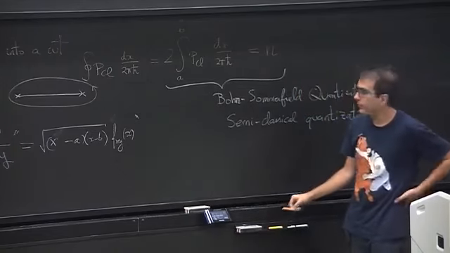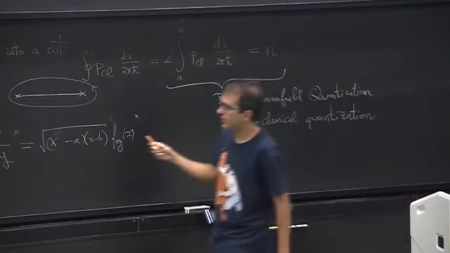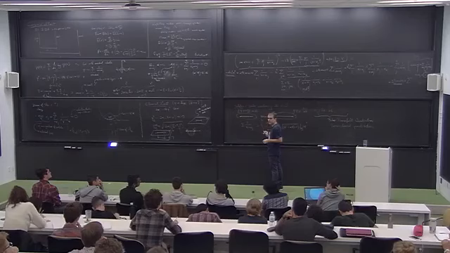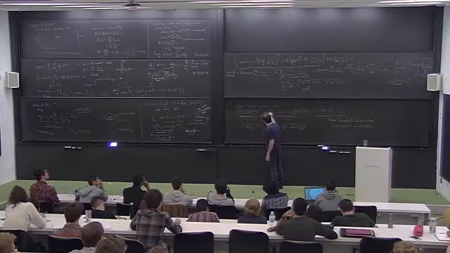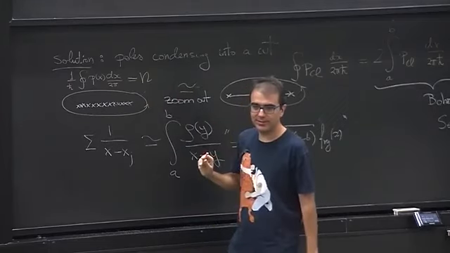Why do I get an n here? Because this integral here is equal, or almost equal, to this integral here. In the classical limit, p is approximately equal to p classical.